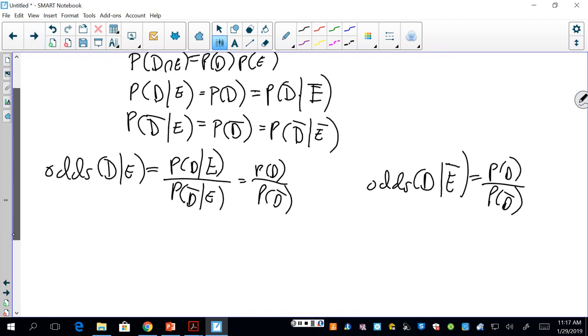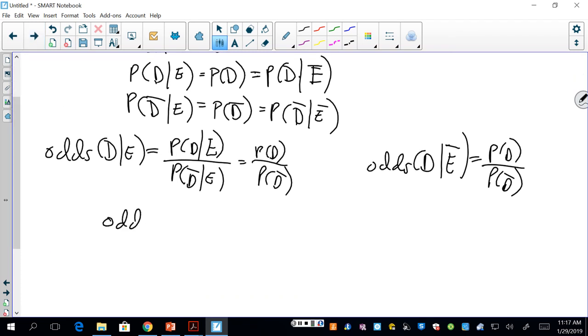So the odds ratio for disease in the exposure versus the not exposure is the ratio of these two things.